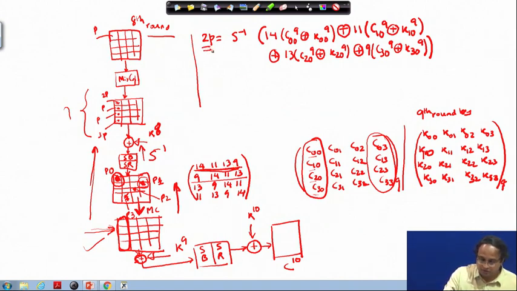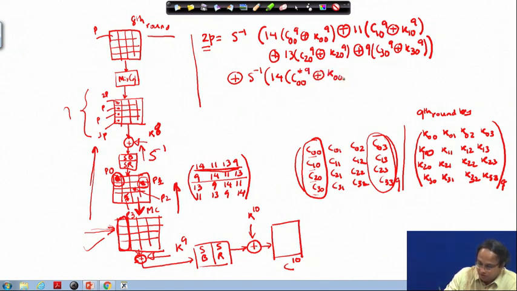If I want to get the differential, I have to XOR this with the faulty case, which is denoted exactly the same way. The only thing we do is write C00 star 9 to indicate that this is the faulty cipher.